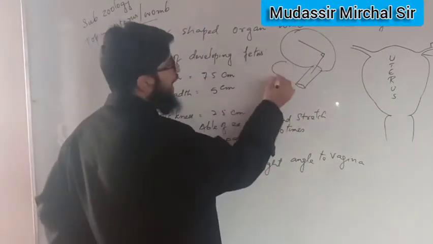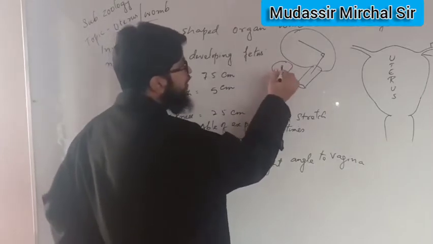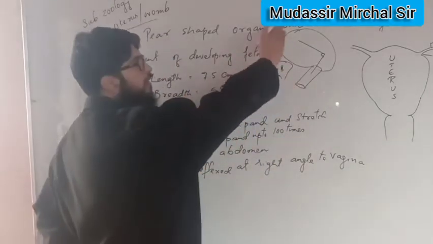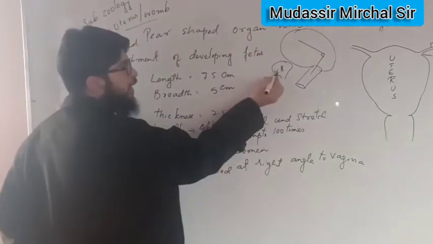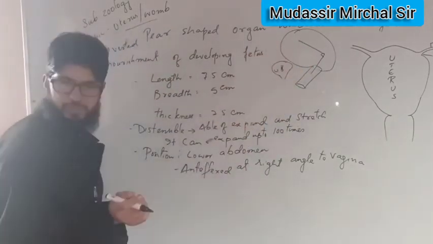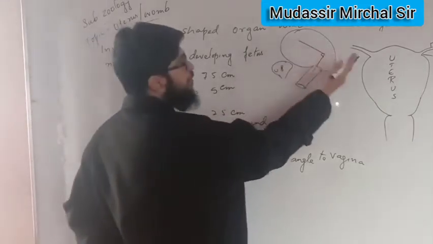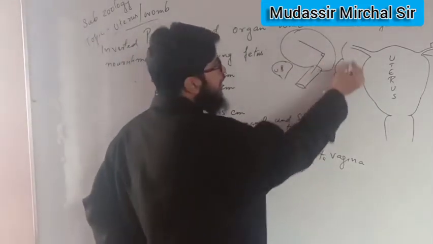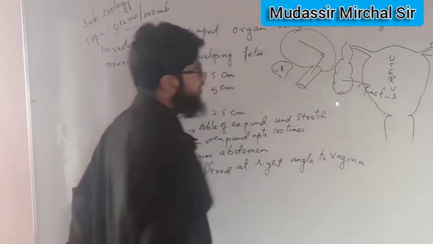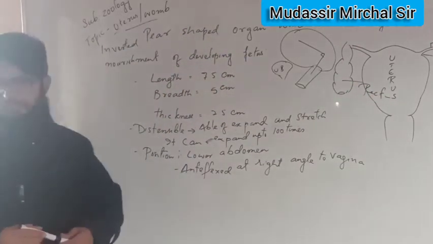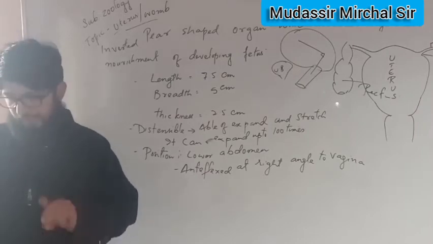And it is behind and over the urinary bladder. A part of it is over the urinary bladder and it is behind the urinary bladder. This is urinary bladder, this is the anteflexed uterus, isn't it? And behind the uterus there is one more organ, which is the rectum. So anteflexed, it's at 90 degree with the vagina.